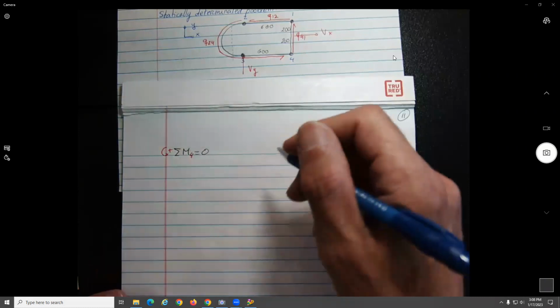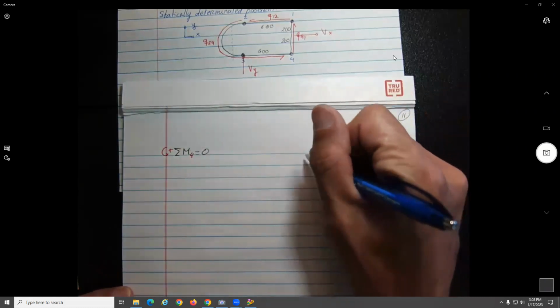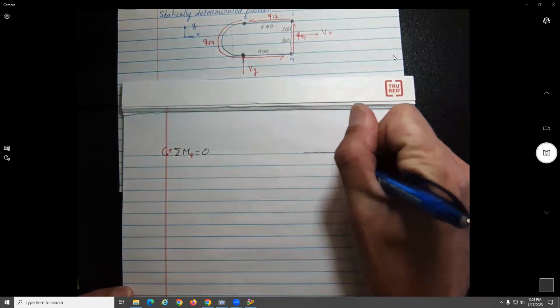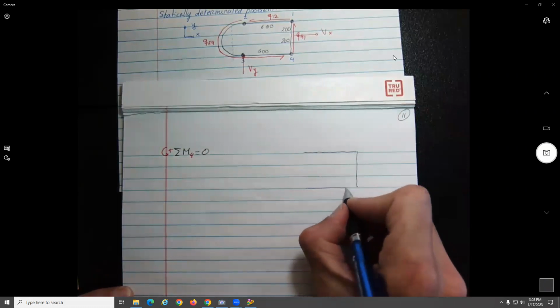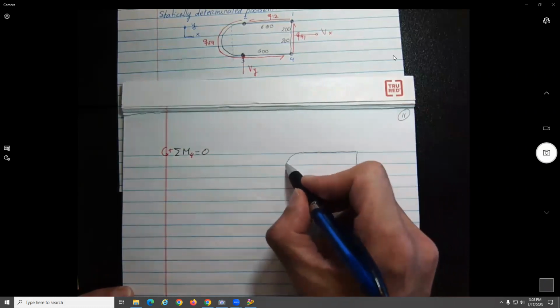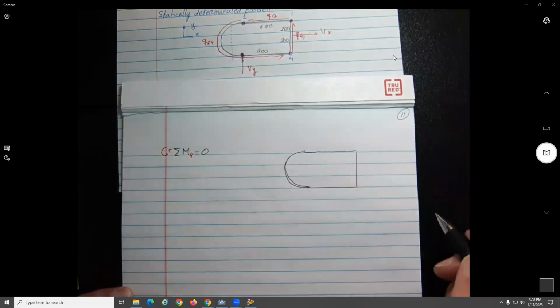So before I do this, let me just redo a figure since we don't have it in front of us. That's not good at all, but you can do better job than me.